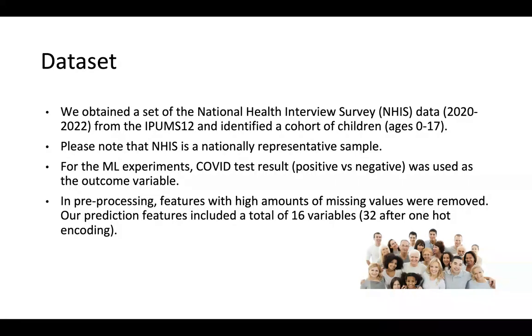For the ML experiments, COVID test result, positive or negative, was used as the outcome variable, and in pre-processing, features with high amounts of missing values were eliminated, leaving us with a set of 16 variables, which is 32 after one hot encoding, which is essentially just a way of making categories into binary variables.